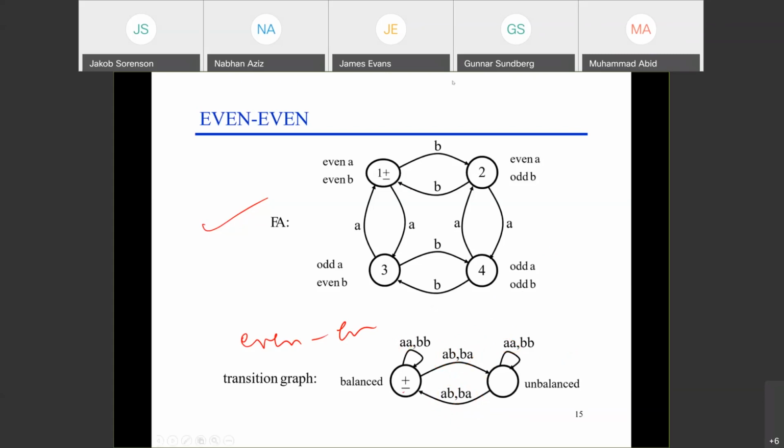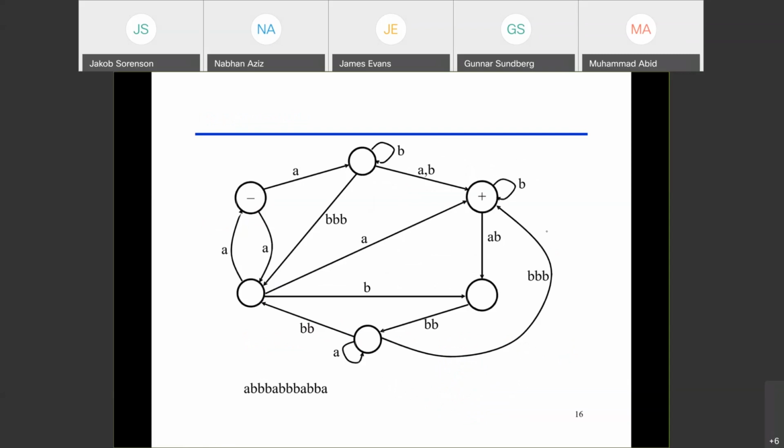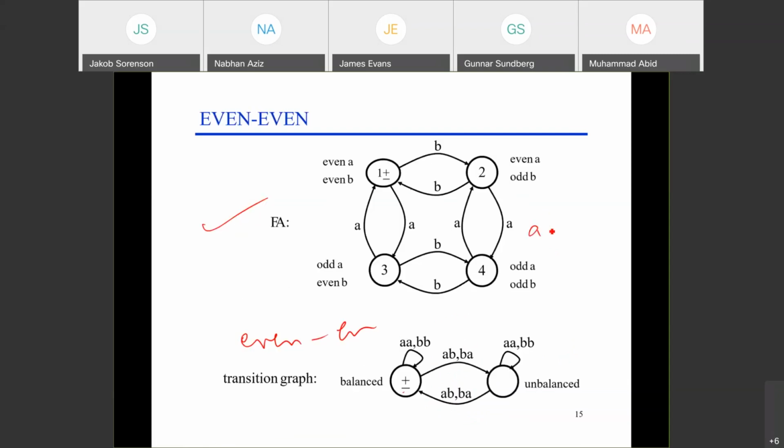What is the question? Could that TG handle 3 A's, 2 B's, 3 A's? Let's see how. If we have 3 A's and B, A, and A, how will it handle it? First of all, I think it should handle it.